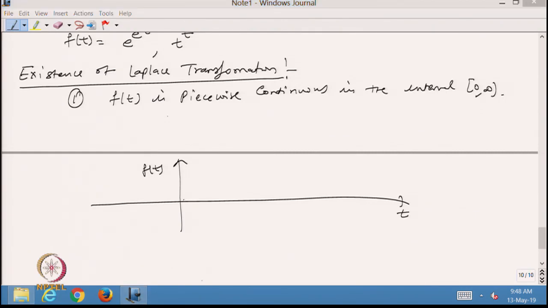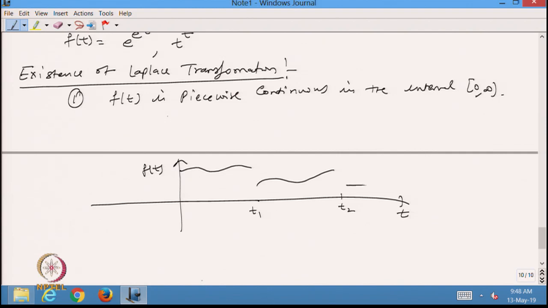I define a function that from 0 its value is this one, up to t1, and after that the value of the function is this one, and then at t2, after that the value of the function is like this one for all values of t.